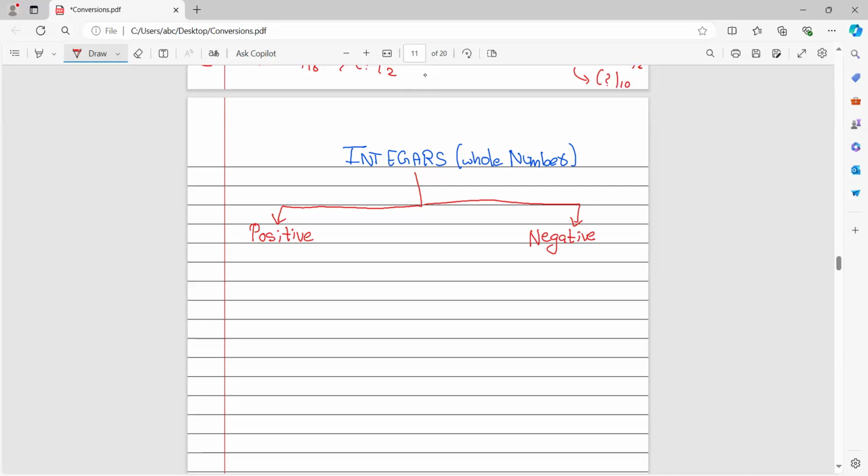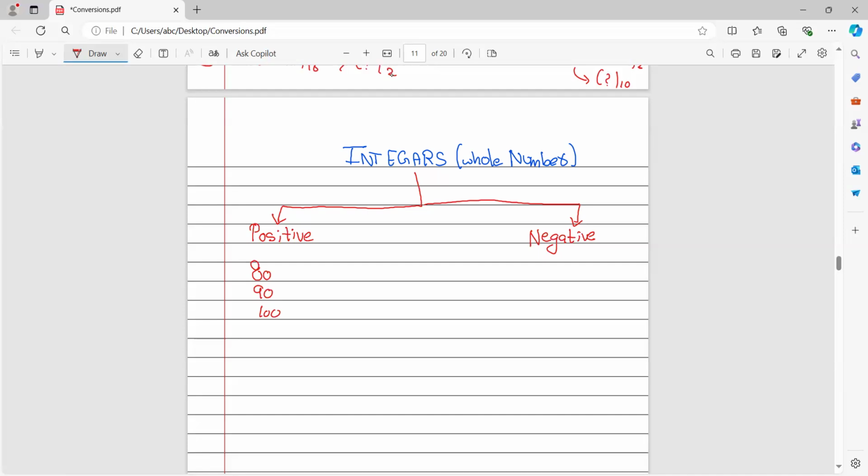A positive integer would be 80, 90, or 100. And we can convert these denary numbers into binary as well. We did that in our last lecture, the conversion of it. Are you getting the point?